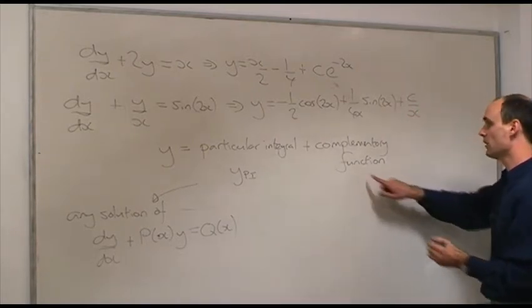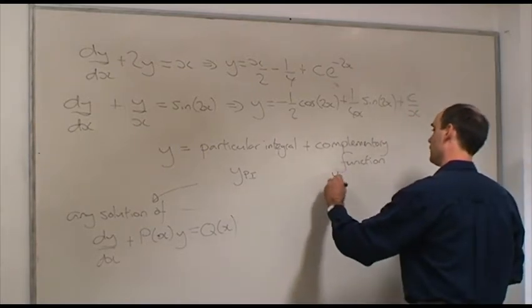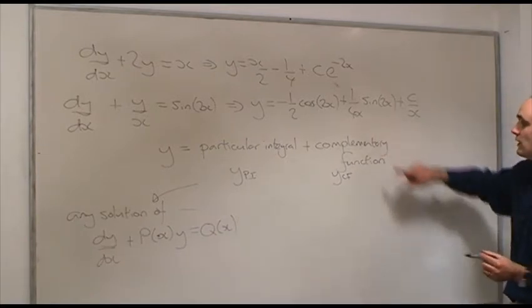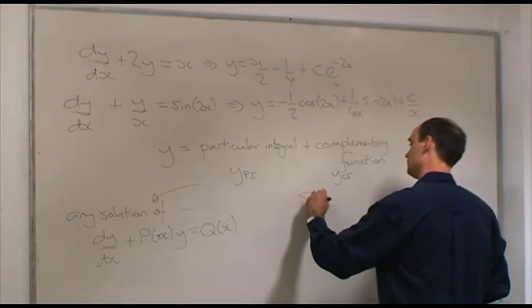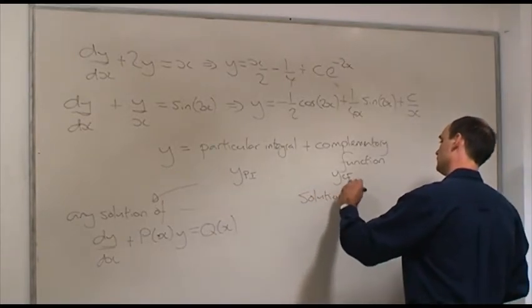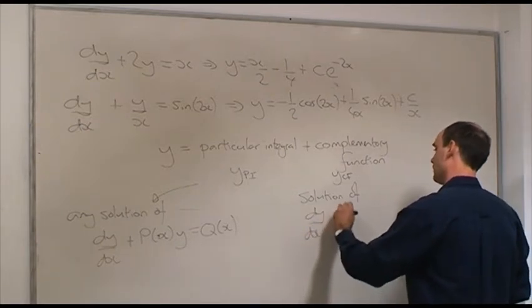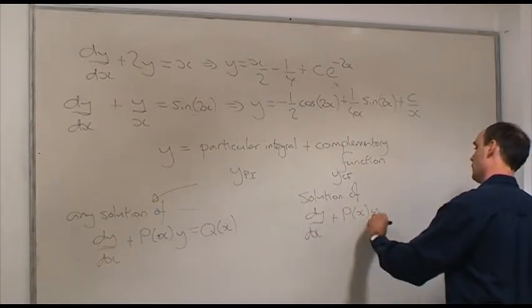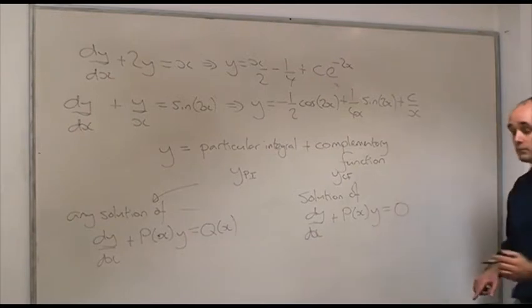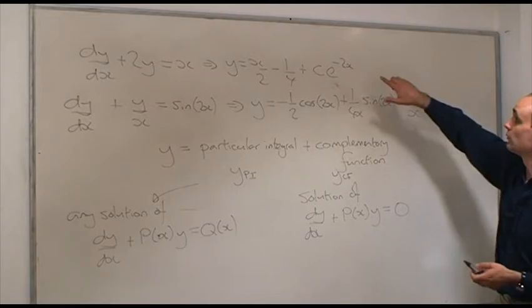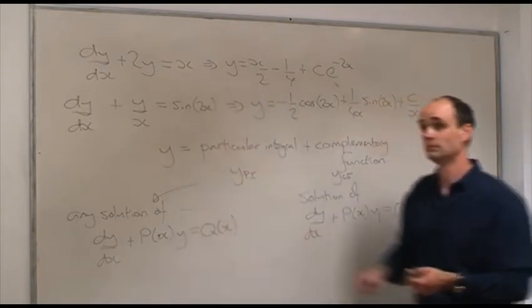And the complementary function, ycf, is actually a solution of dy by dx plus p of x y is equal to 0. So it's the solution of the equation where the right-hand side here is 0.